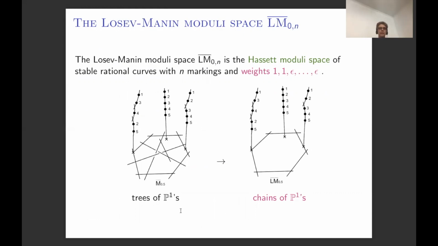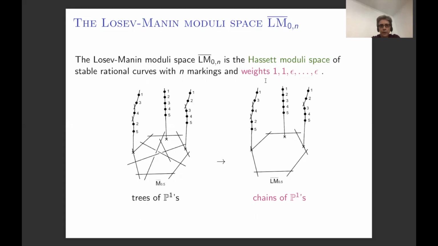We just fix some rational weights, some positive numbers between 0 and 1, and we modify what it means to have a stable pointed curve by requiring that the log canonical line bundle with the weights thrown in is still ample. We also allow the points to coincide if the weights sum up to at most 1. So this changes the kind of curves you allow in the compactification.